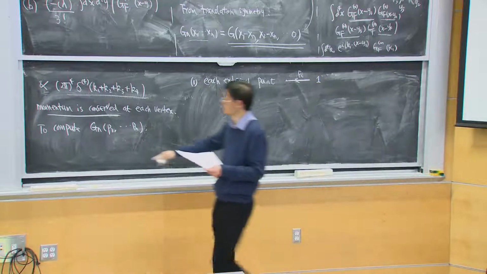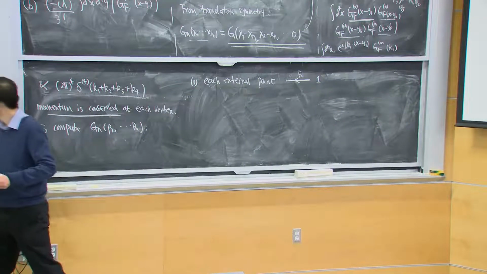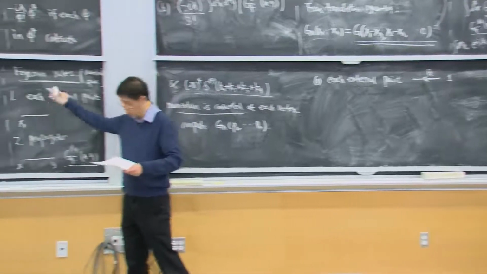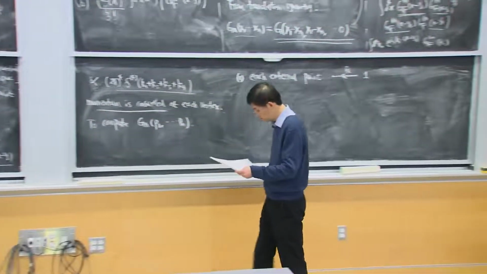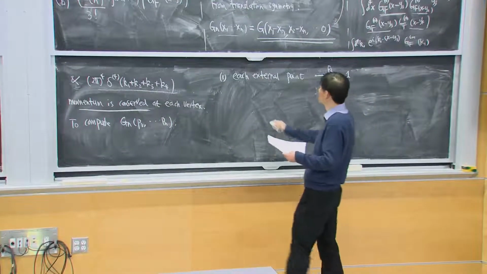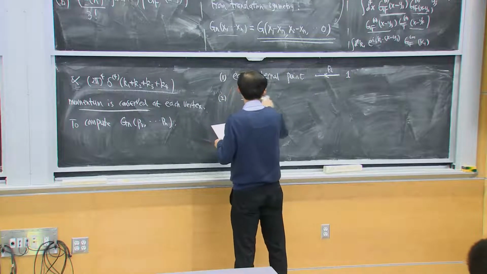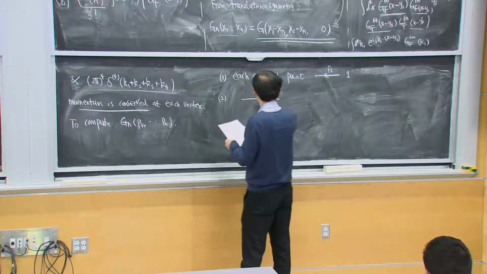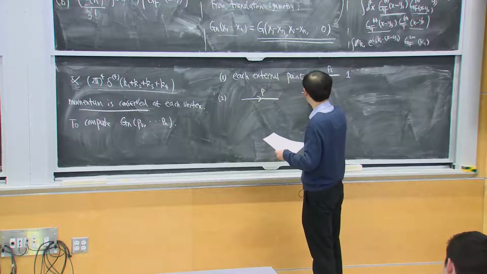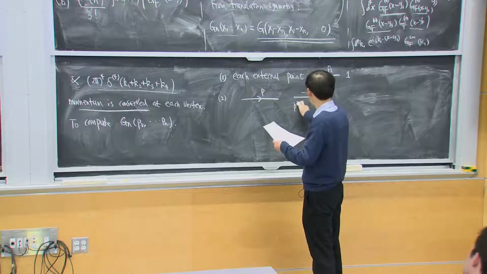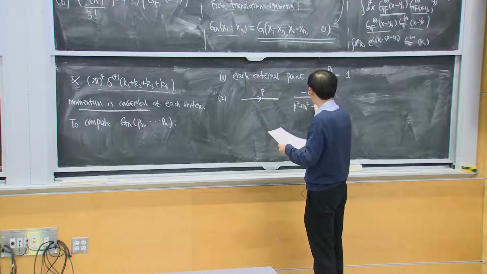But now you associate the momentum with this line, because when you Fourier transform this line, you will have momentum. And for each propagator, again, the propagator is given by this. Now you have a momentum, and it is given in momentum space by 1 over p squared plus m squared minus i epsilon.